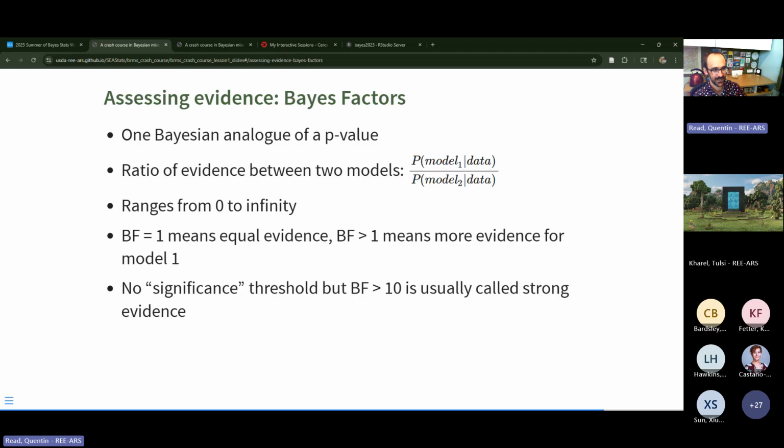If one model is 10 times more likely than the other to be true, that's significant, right? But just like 0.05 is kind of arbitrary, the Bayes factor threshold is also arbitrary. It depends on your needs. Maybe you want 100, or maybe only 5 is good enough for you. Well, they've thrown out the number 10, but take that with a grain of salt.